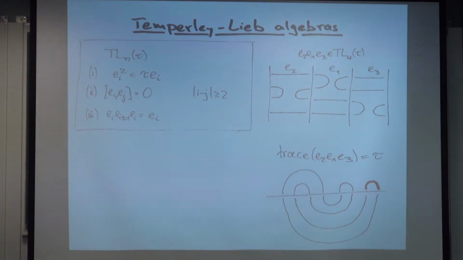So there is a way to relate the meander diagrams and their connectivity to the fact, true or not, depending on the product, that the trace of this algebra element is tau. Okay, so this is another formulation.